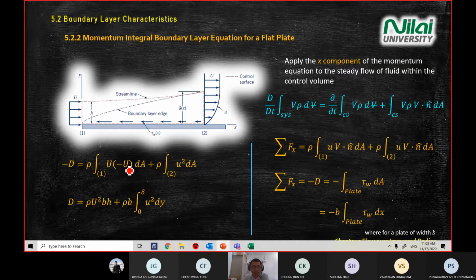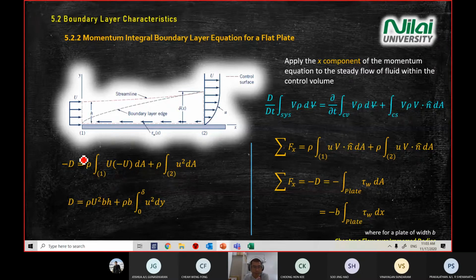So negative because it's going in, so we have negative U, and then plus U squared dA. For section 1, we use a big U. For section 2, we use a small u instead of a big U because this is under the viscous effect with the velocity profile. So we use a small u in section 2 rather than the capital U.